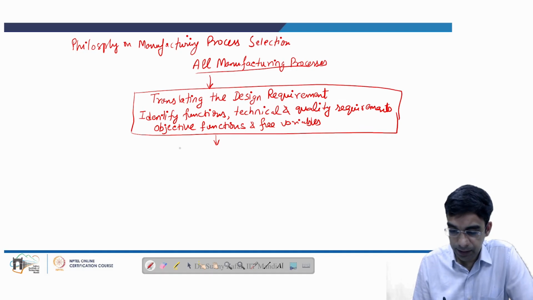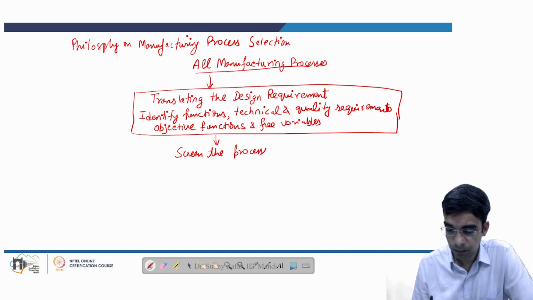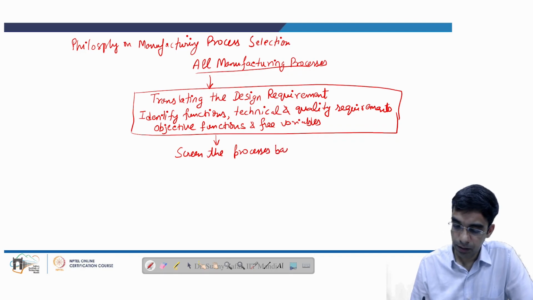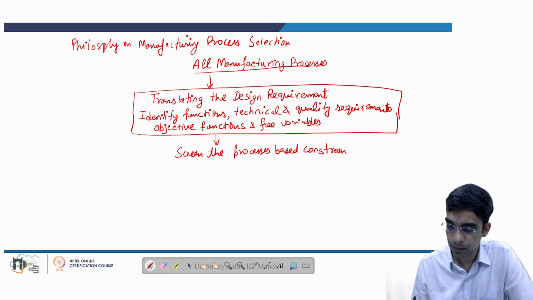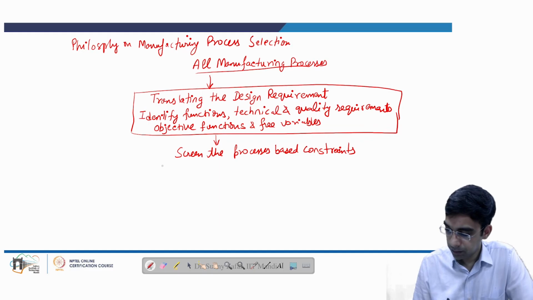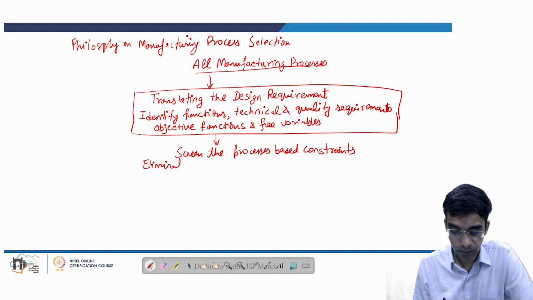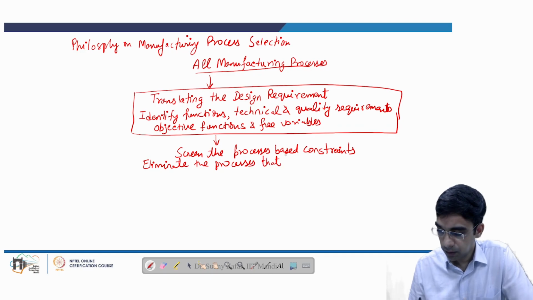Next we want to screen the manufacturing processes based on constraints. So here what we will do is we will eliminate processes that cannot do the job.